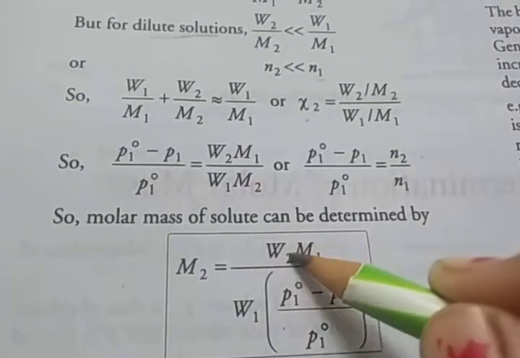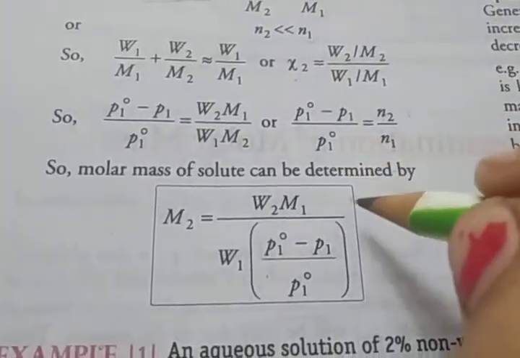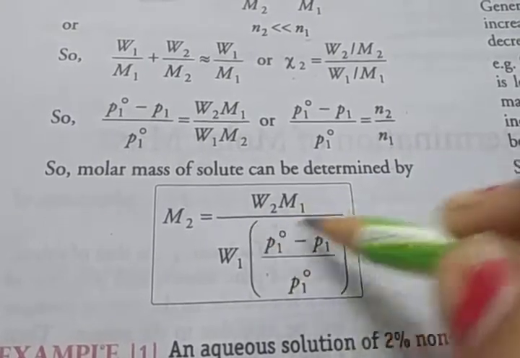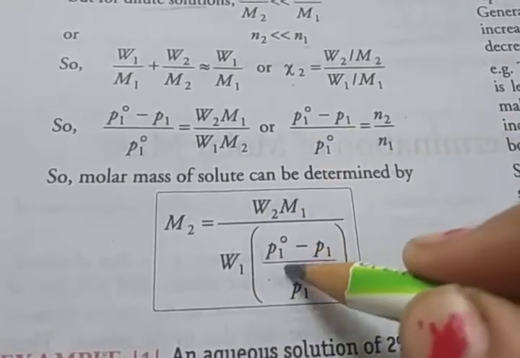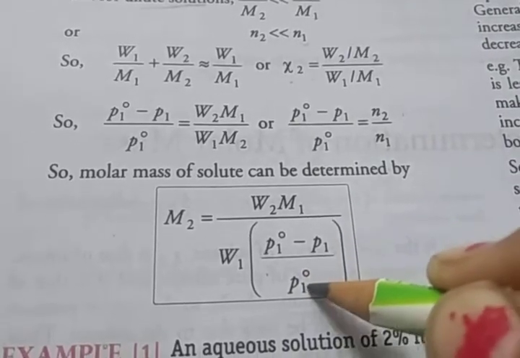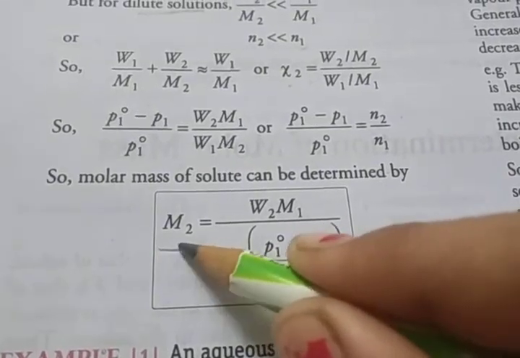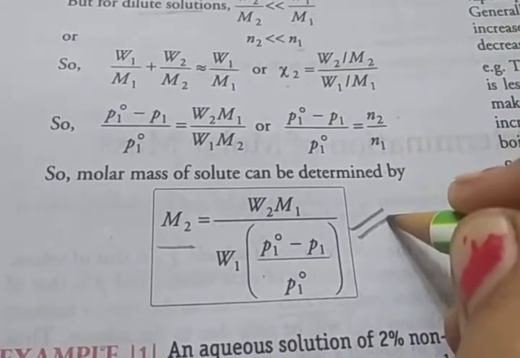So the molar mass of the solute can be determined by this formula: M2 is equal to W2 M1 divided by W1 into (P1 naught minus P1) divided by P1 naught. So please learn this formula.